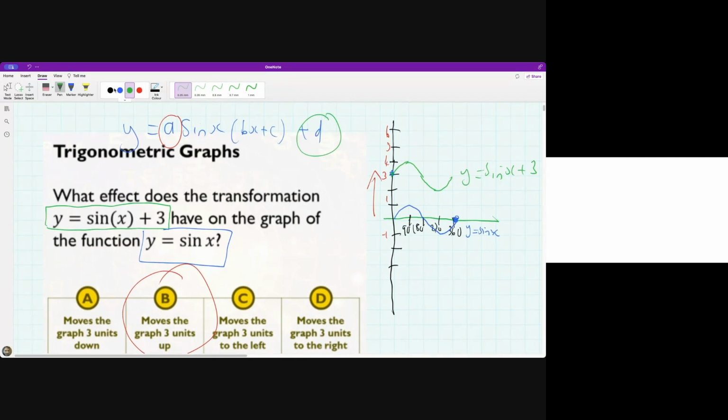And then can anybody remember what a number does if it was just in front of the X? What would the B do? So this thing over here would change the period, yeah. And what about this thing over here? What would it do?